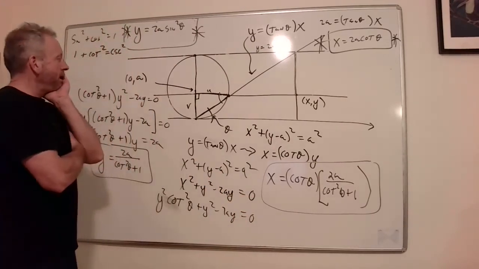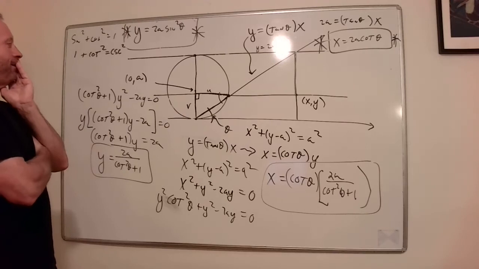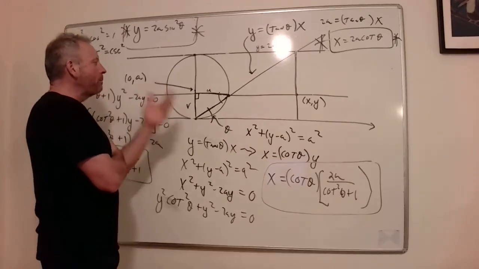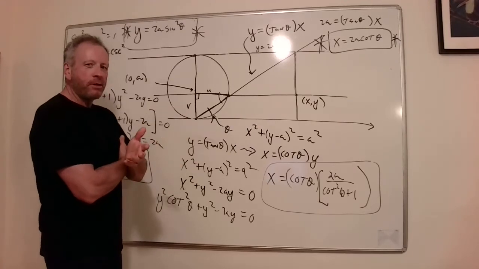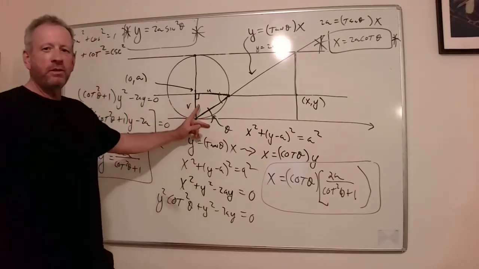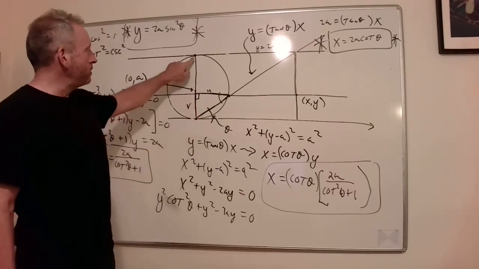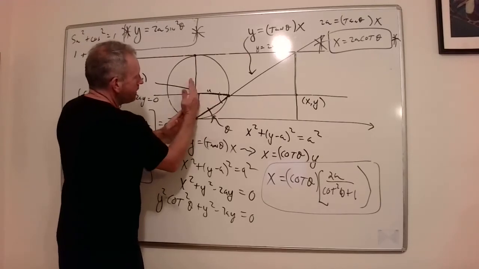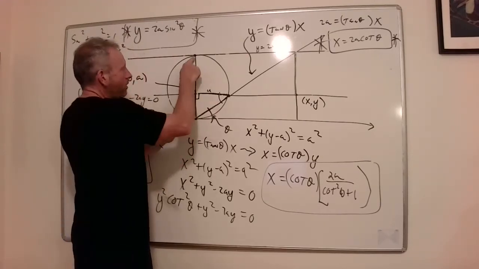What would be another nice, interesting angle? It's not as obvious what the interesting angles are here. Probably 45 degrees is an interesting angle. But let's just do pi over 2. Let's do a 90-degree angle. At pi over 2, this line becomes vertical. Where does it cross the circle?